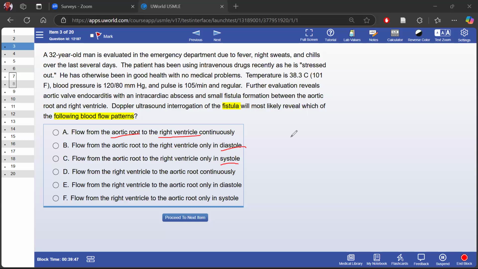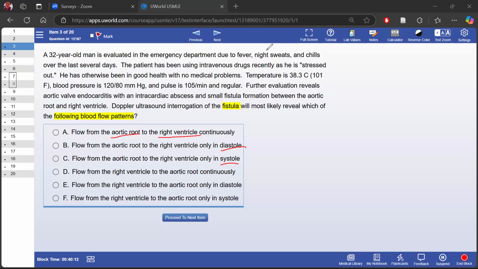Is the aortic pressure higher than the right ventricular pressure throughout the cardiac cycle, or at some point is aortic pressure lower than the right ventricular pressure? I disagree. The aortic pressure is higher than right ventricular pressure throughout.